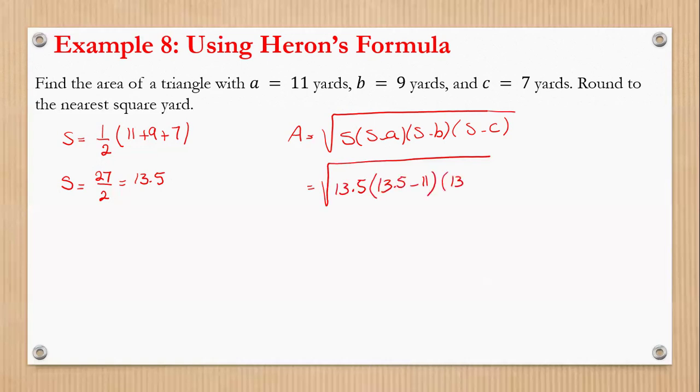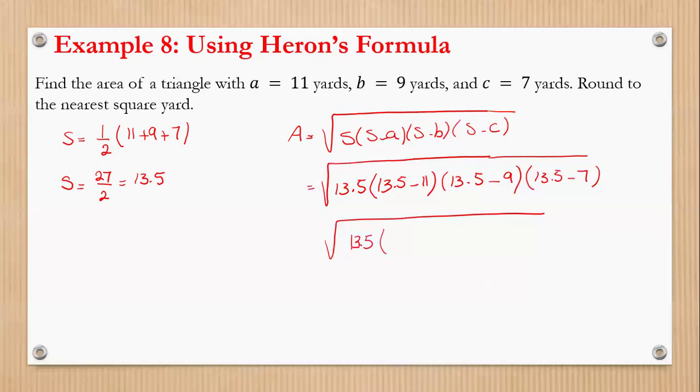S minus B is 13.5 minus 9, and 13.5 minus 7. We need to find the parentheses first. So we just bring down the 13.5. 13.5 minus 11 is 2.5. 13.5 minus 9 is 4.5. And 13.5 minus 7 is 6.5.